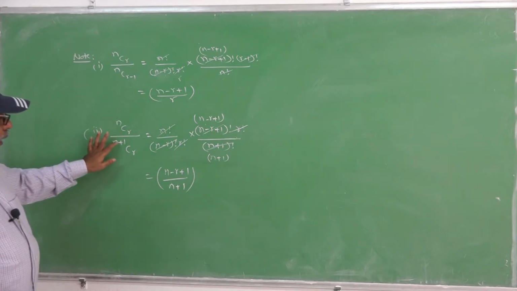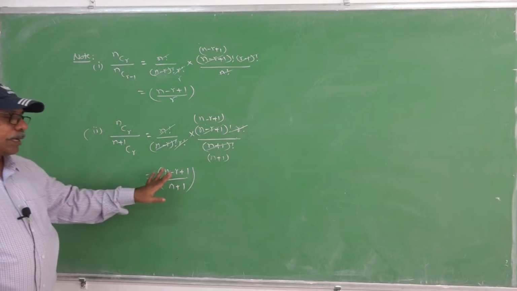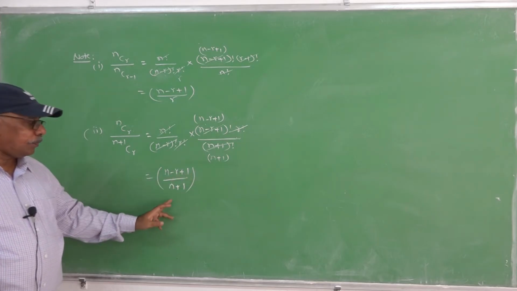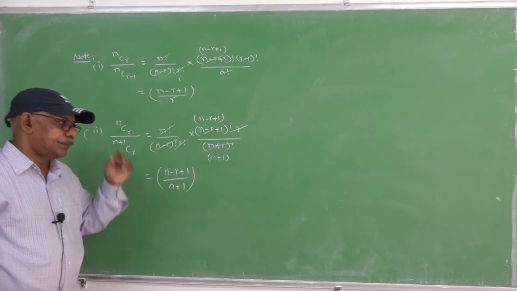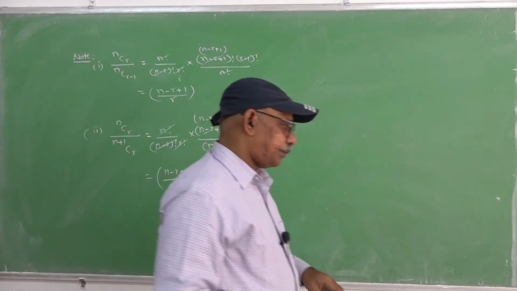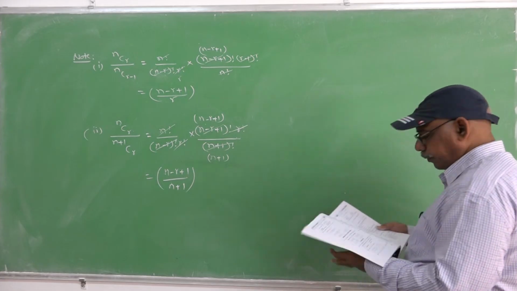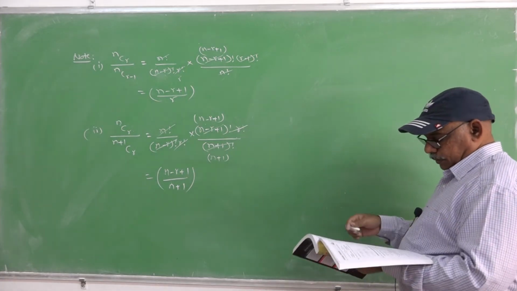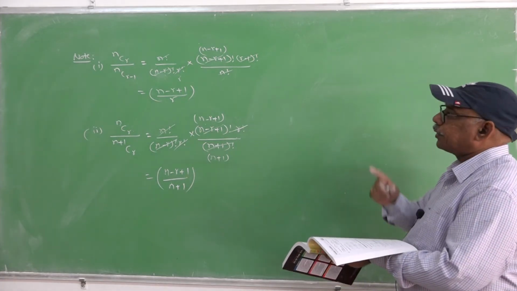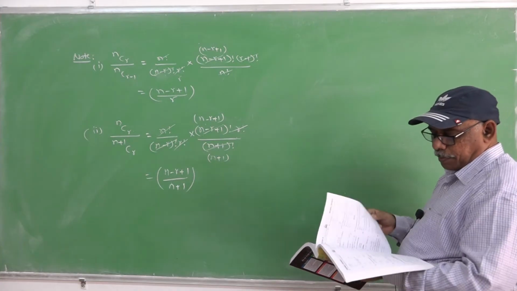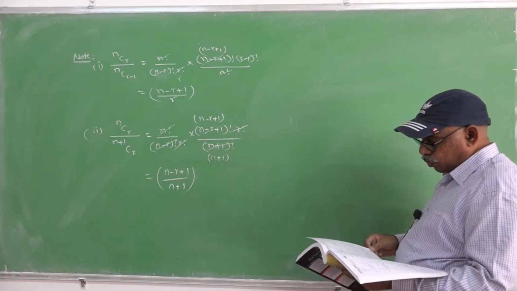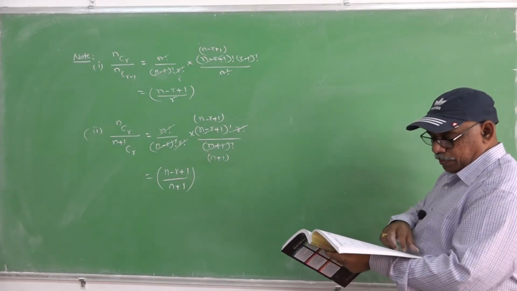Whereas nCr by n plus 1 Cr is (n minus r plus 1) by (n plus 1) here. That is the difference between these two. This is one important relation between the binomial coefficients.